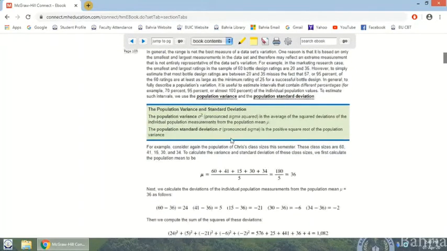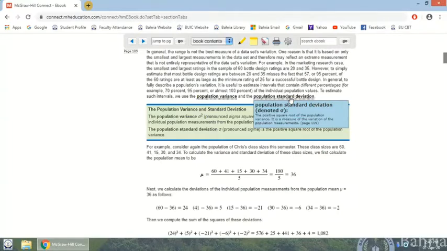So first of all, in order to find out the standard deviation, you need to find out what is the population mean. And like I said, since the population mean is mu, if we are given a sample, then it will be expressed as x bar. The standard deviation is not just a positive square root of the variance, it's also a measure of the variation of the population measurements.